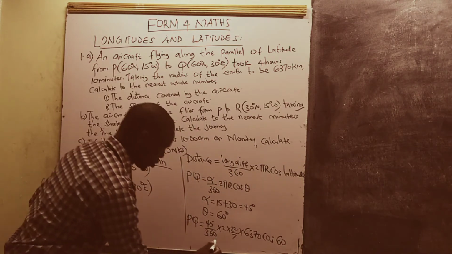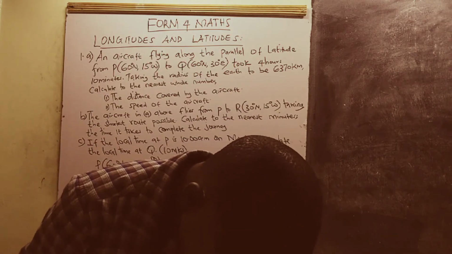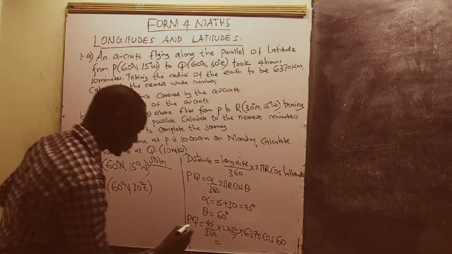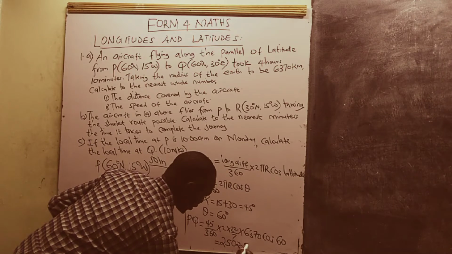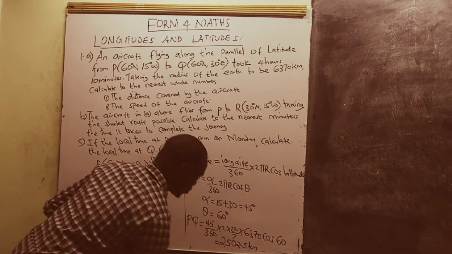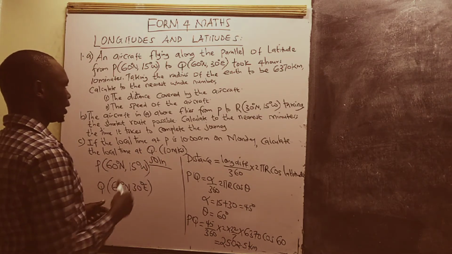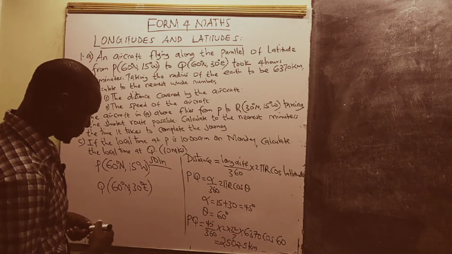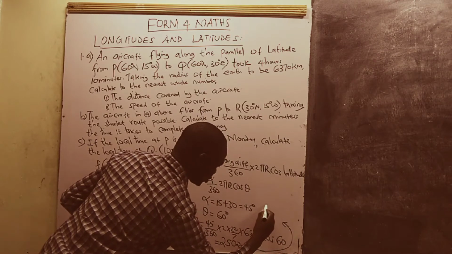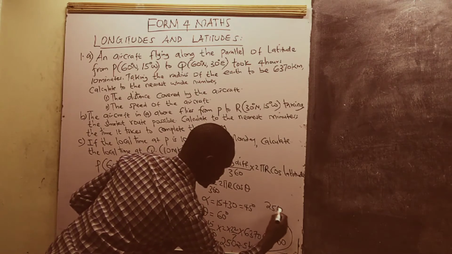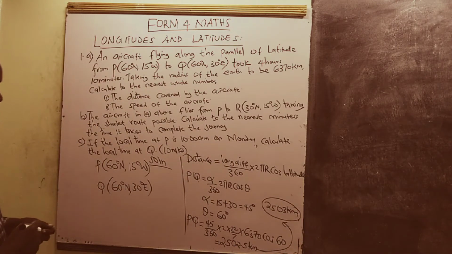When you work it out, it gives us 2502.5 kilometers, which is approximately 2503, because we give our answer to the nearest whole number. That is the answer to part A Roman 1.